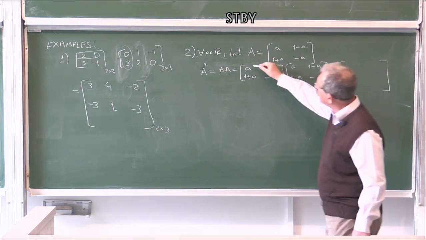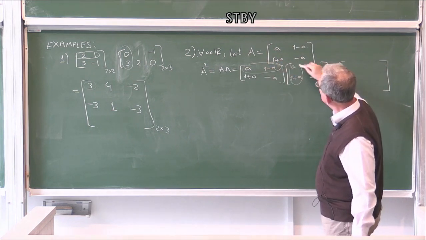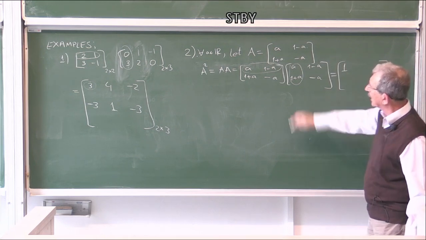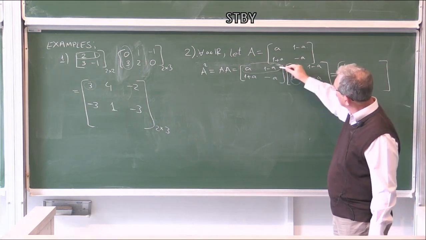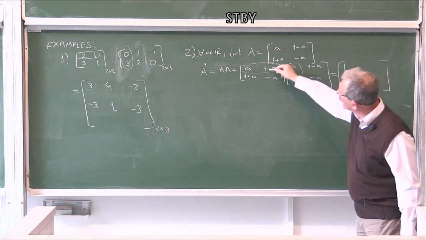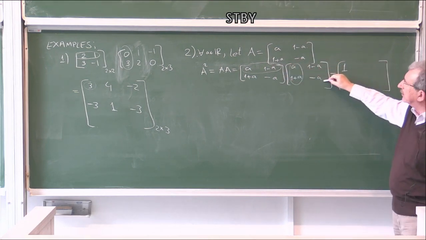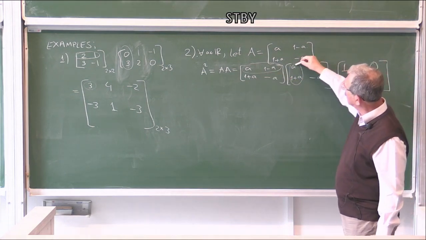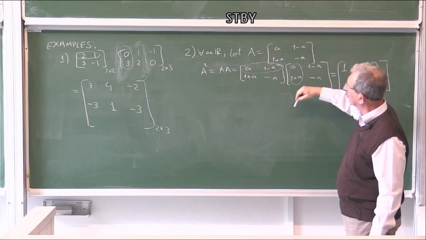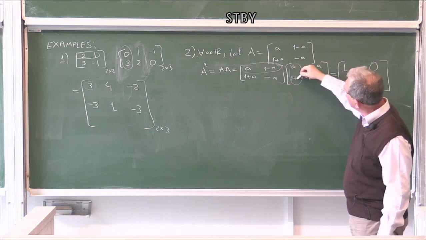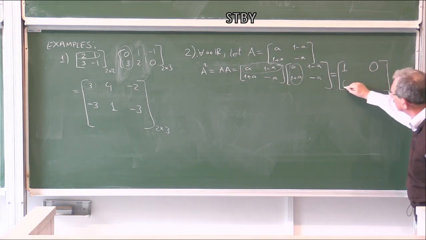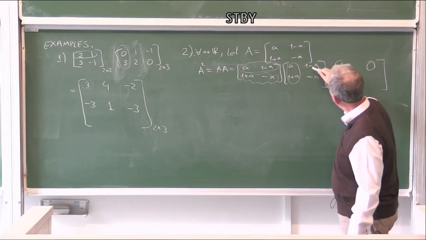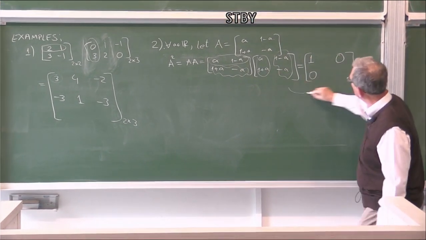We have the first row, first column, that's a squared plus 1 minus a squared, which is 1. We have a times 1 minus a, plus 1 minus a times minus a, the dot product, so it will be 0. We have 1 plus a times a, and this is minus a times 1 plus a, so that's 0 again. Finally, this one times this one, that comes here.